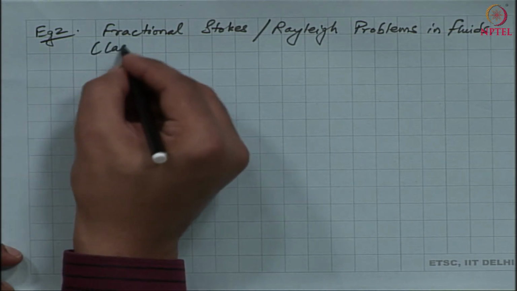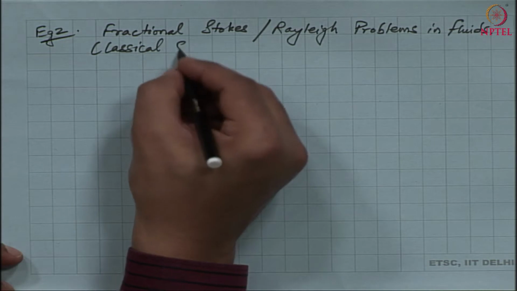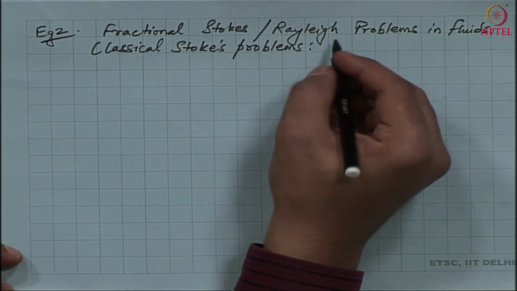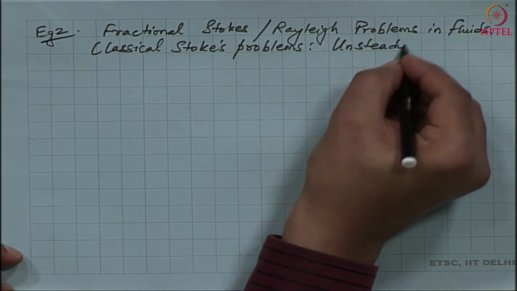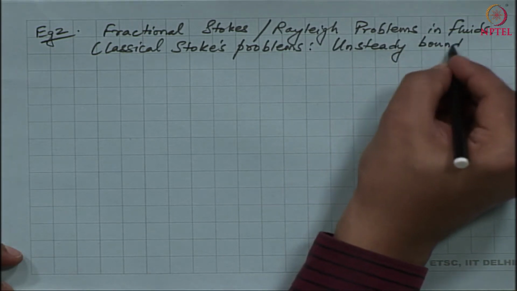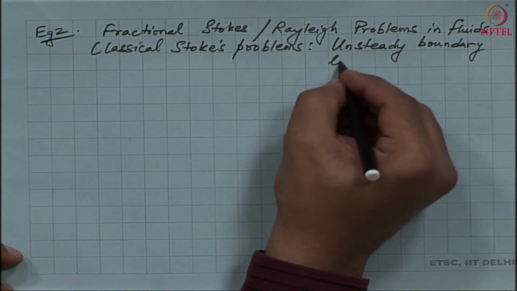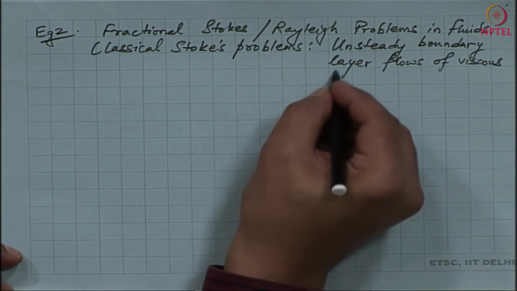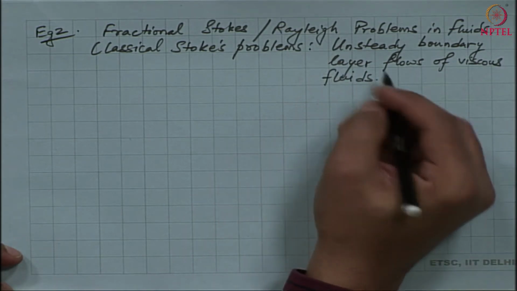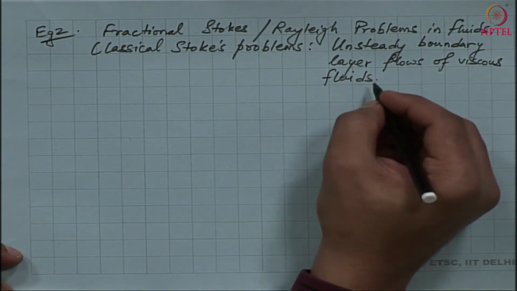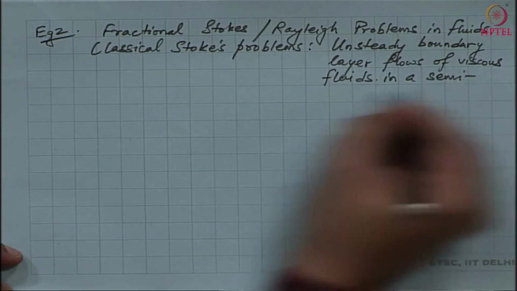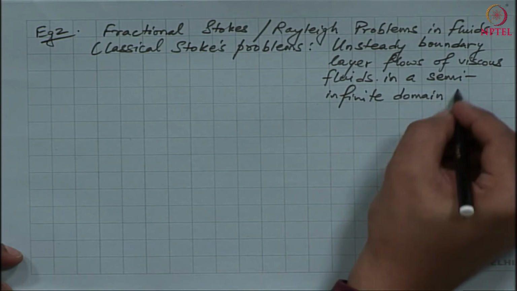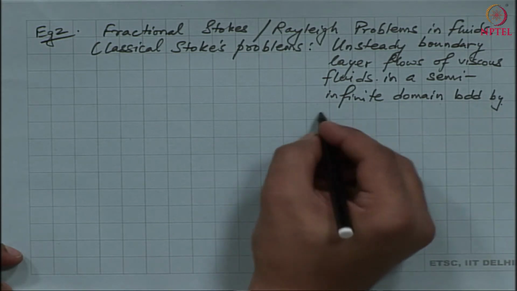So, the classical Stokes problem or the regular PDE which governs the Stokes phenomena is related to the unsteady boundary layer flows of viscous fluids in a semi infinite domain bounded by a plane.